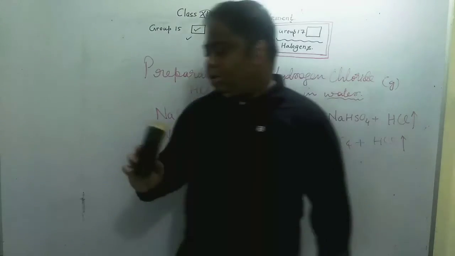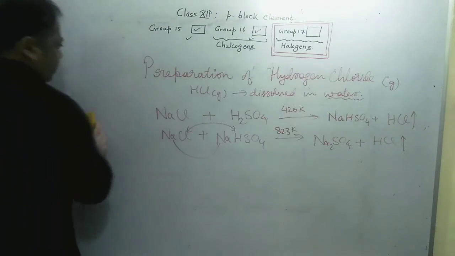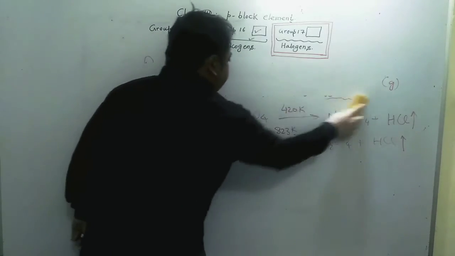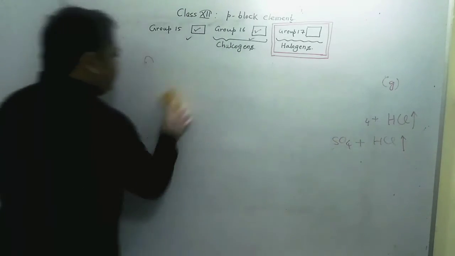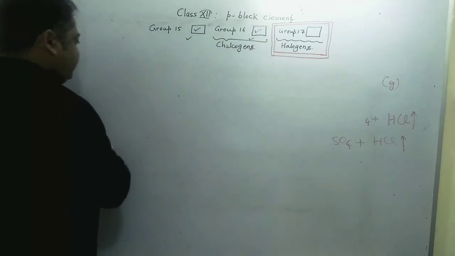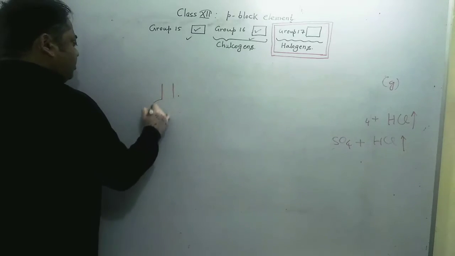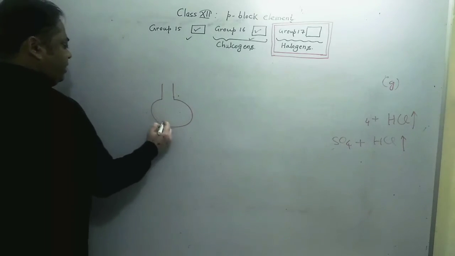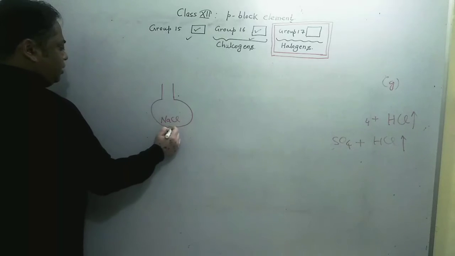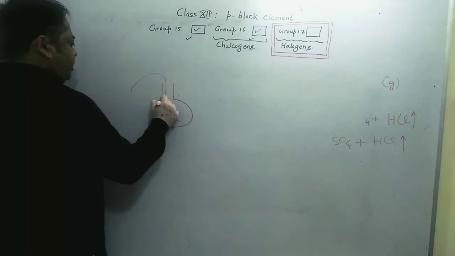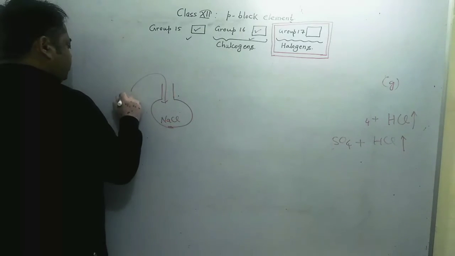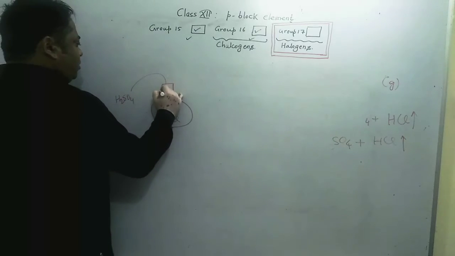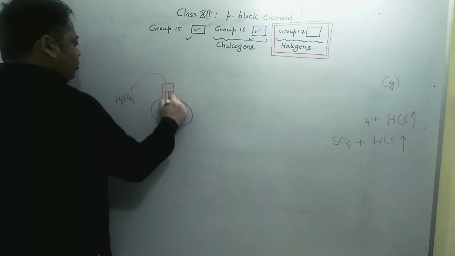That means back suction of the water does not take place. To understand that, we can just see a little bit of laboratory setup. Say we take a round bottom flask, and if you have taken any salt, then we are putting here H2SO4 and there will be a delivery tube.